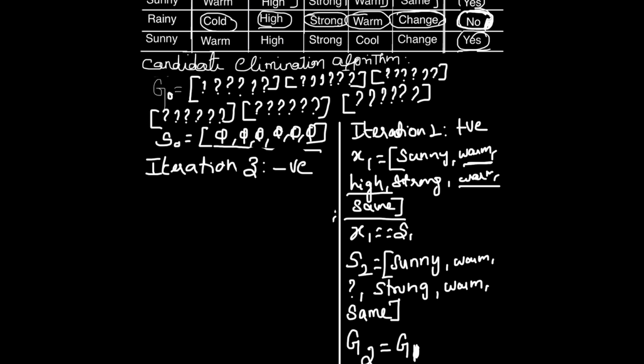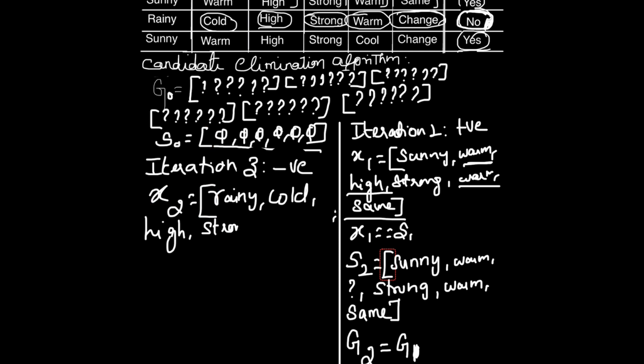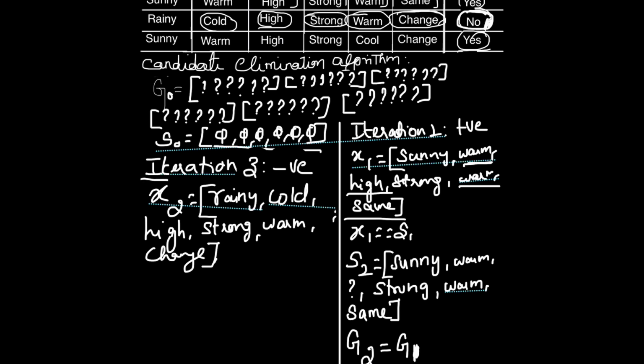So in iteration 3, let us write the values of it. X2. So the third sample has the values rainy, cold, high, strong, warm, change, and that's all. So this is X2, the current iteration sample, that is the third sample value from the given data set.